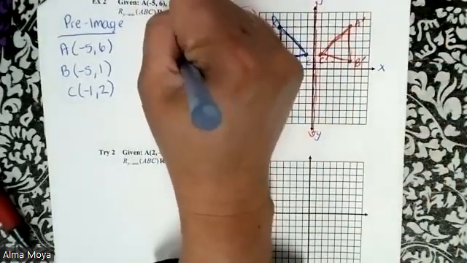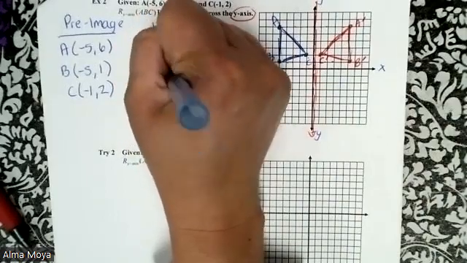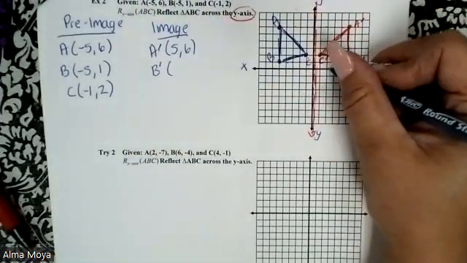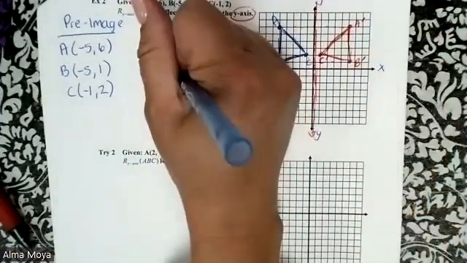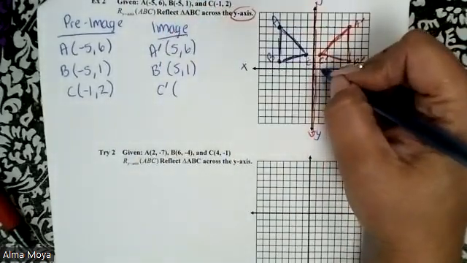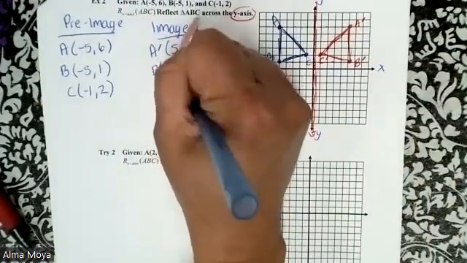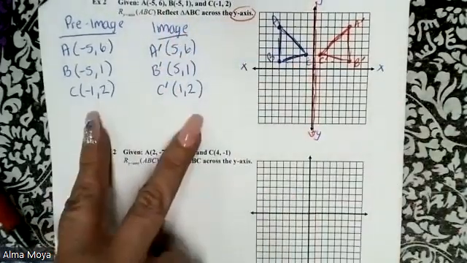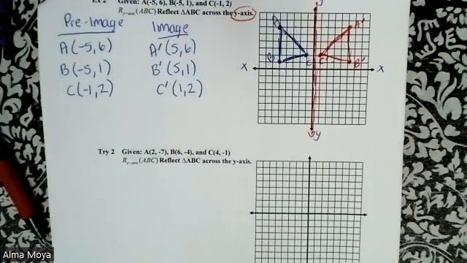So that's the point (5, 6). My B prime is (5, 1). And my C prime went 1 to the right, 2 up. So that's (1, 2).